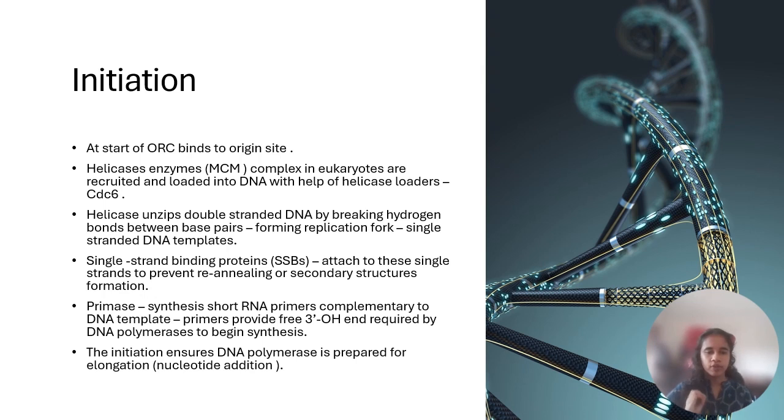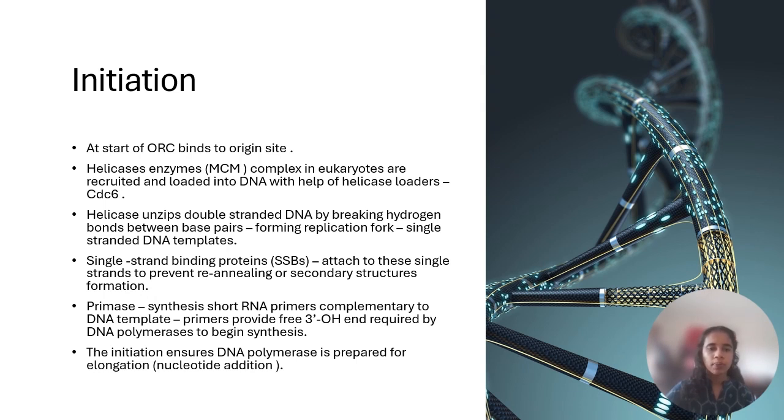It is to give you that specific site where you have to initiate. And the enzymes: helicase helps in the unwinding, and it functions till the end because it has to keep unwinding. Then you have single-stranded binding proteins, which help in preventing reannealing or secondary structure formation.